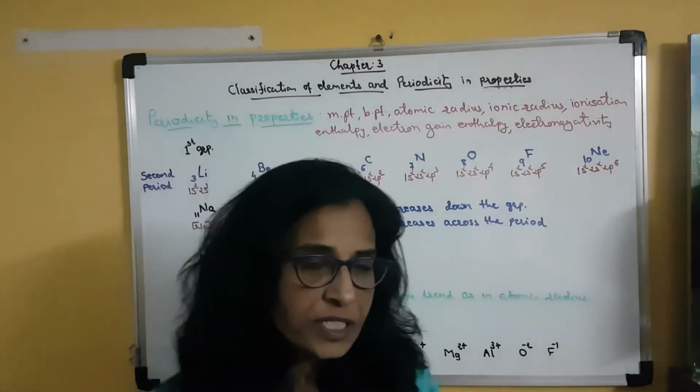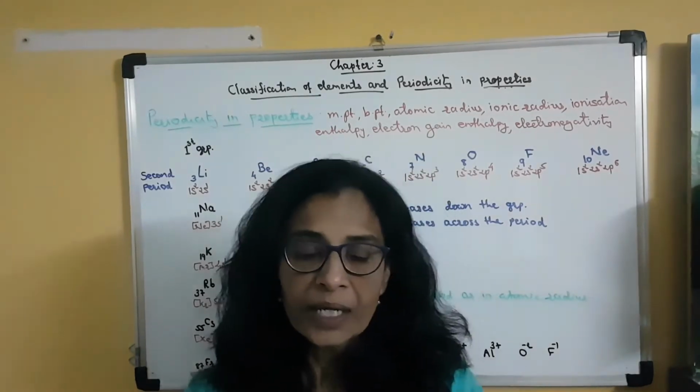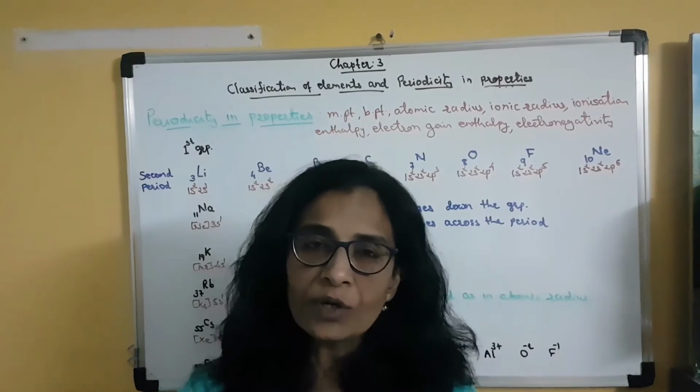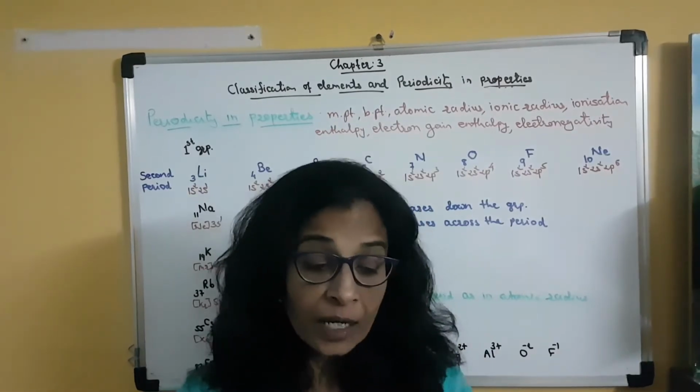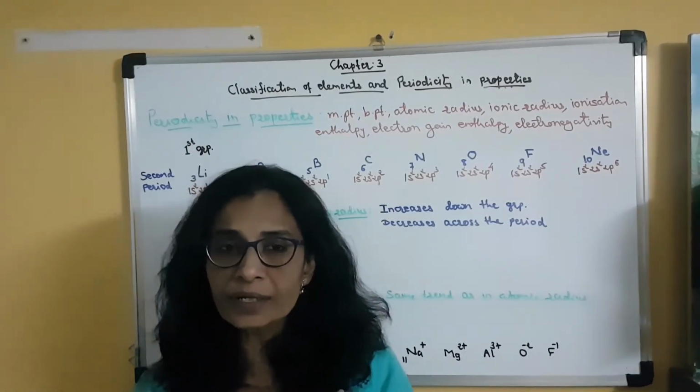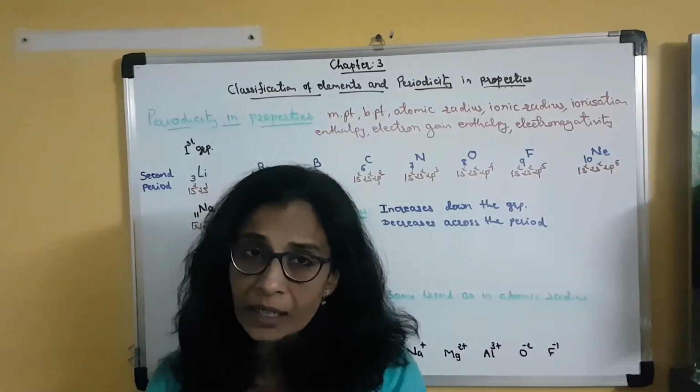Atomic radius means the size of the atom. An atom is always assumed to be spherical, and that is why we always consider its radius. But we also know that an atom is extremely small in size, so it is very difficult to determine its radius.